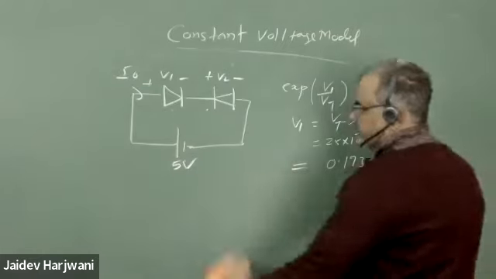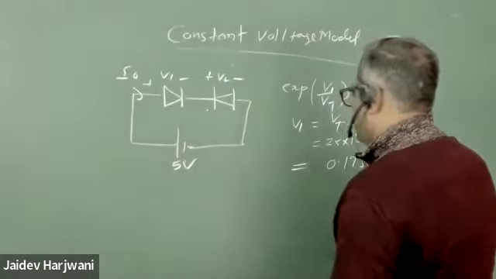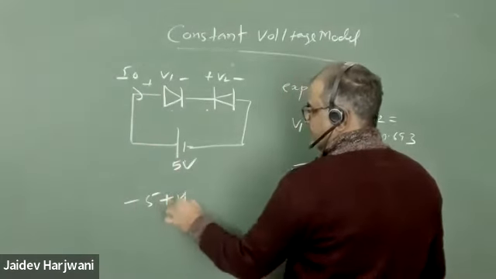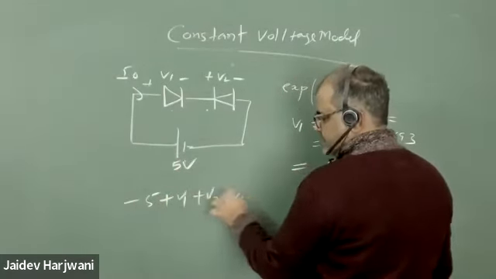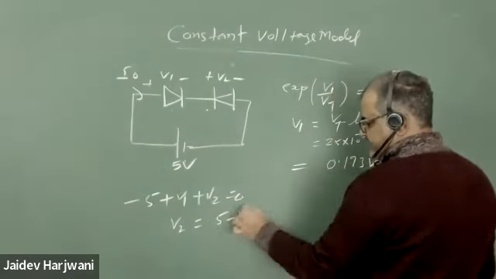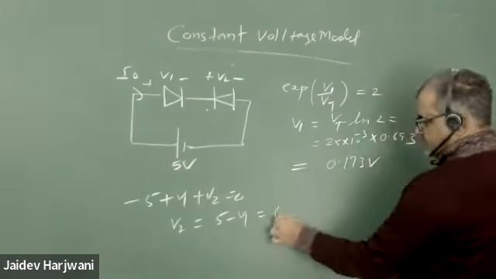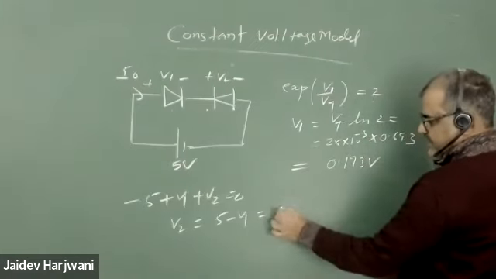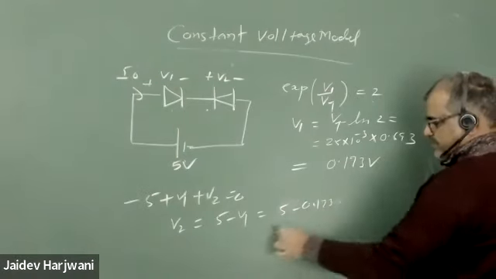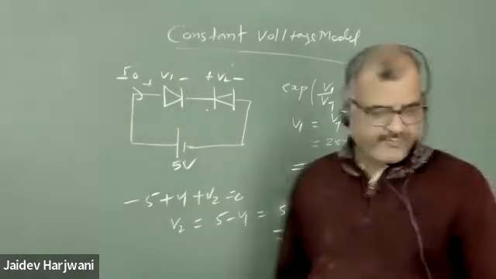So if you solve this, now you have -5 plus V1 plus V2 equals 0. Now you want V2, so it will be 5 minus V1, and 5 minus 0.173, how much will come?